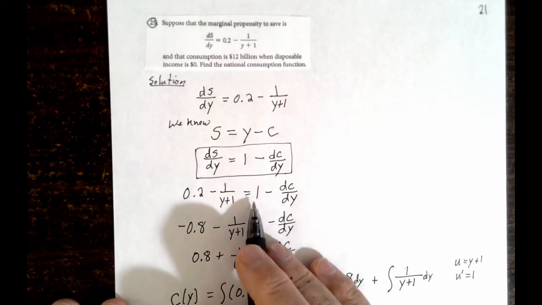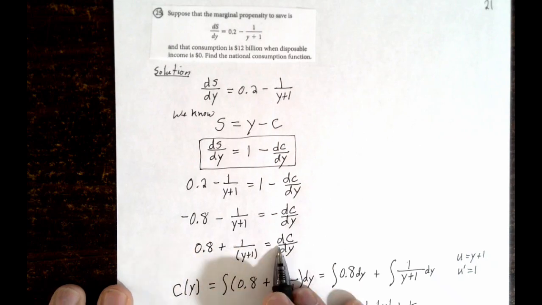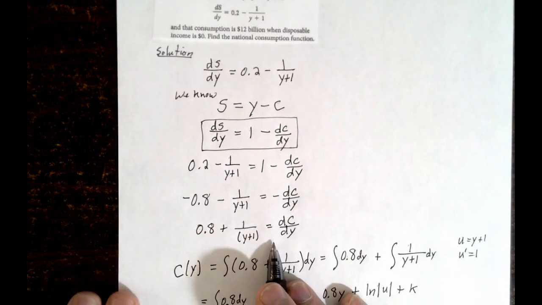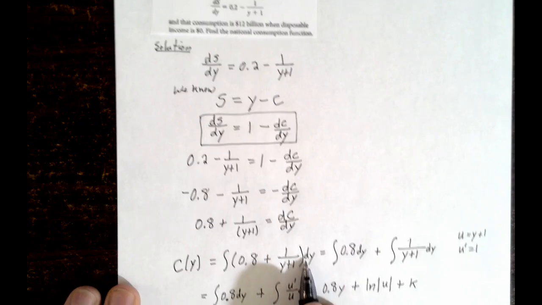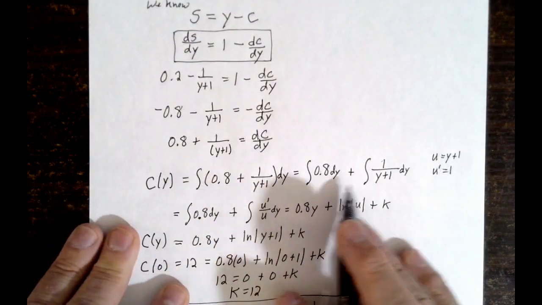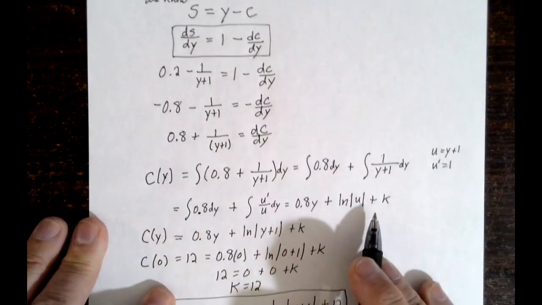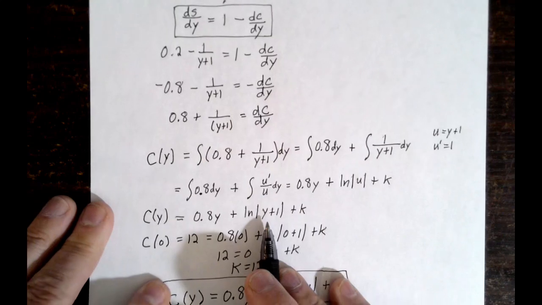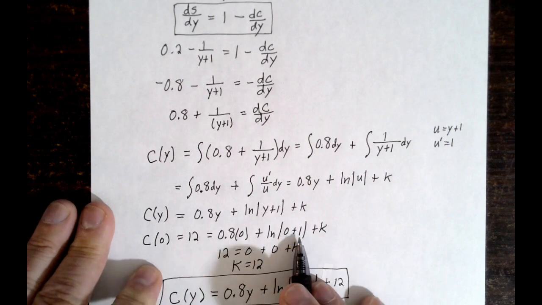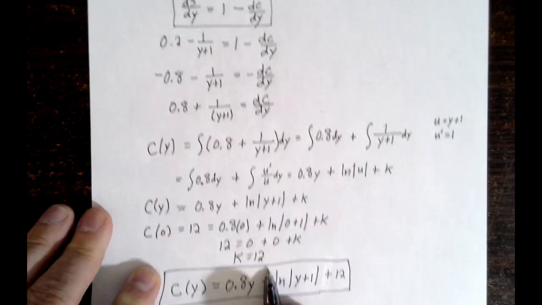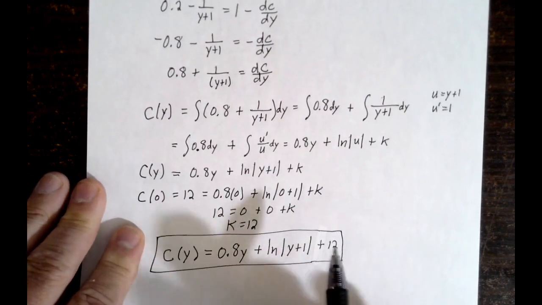So we subtract 1, multiply by a -1, changes the sign of everything, and now you got c prime equals this, and that's what you're going to integrate. So you integrate each part, and you finally get to here, plug in what u actually is, and we know that c of 0 equals 12, so that allows us to nail down that k equals 12. And there we go, that's our national consumption function.